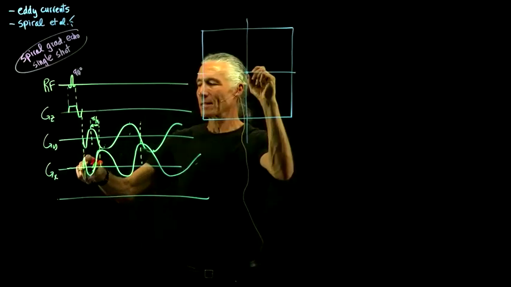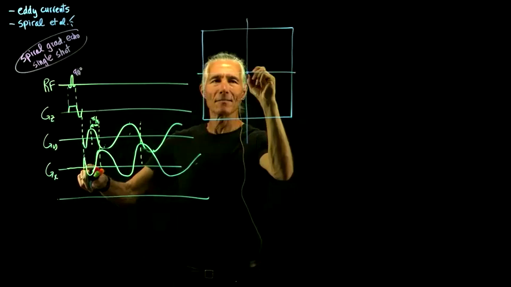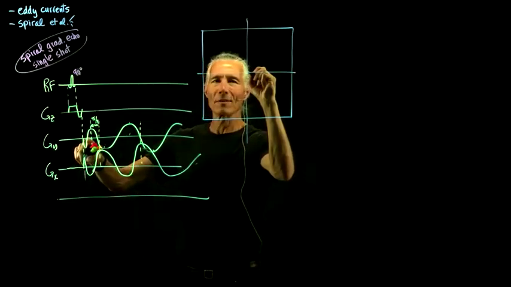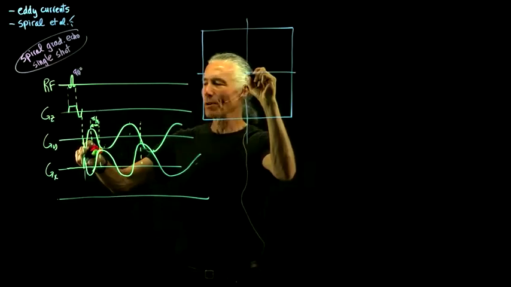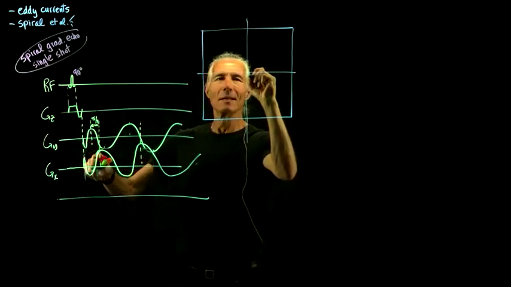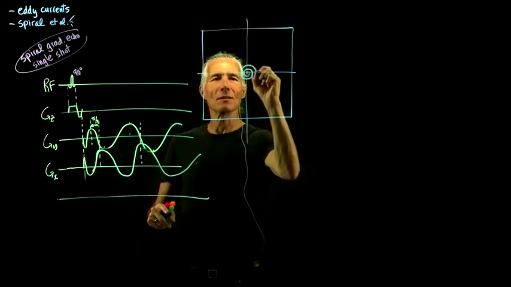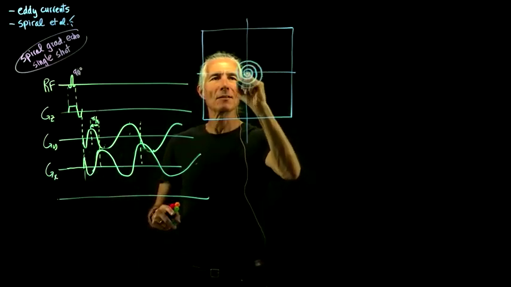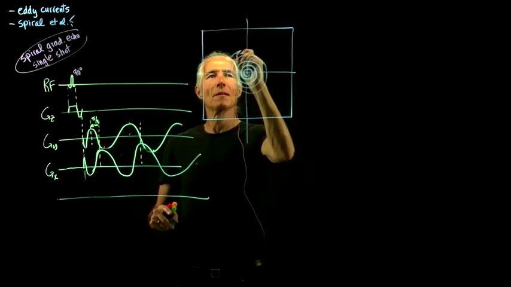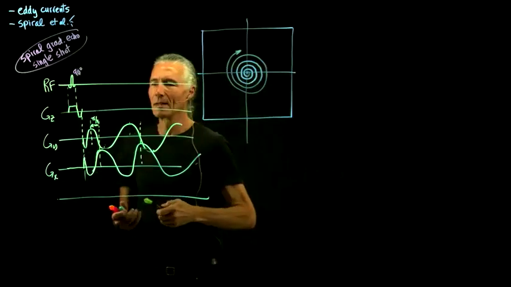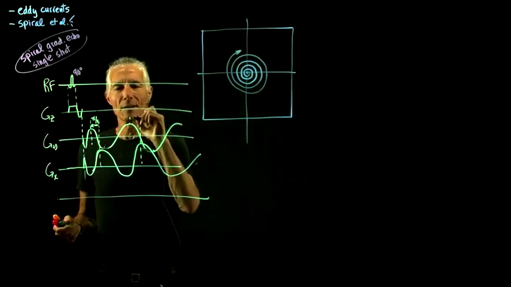On the x gradient we go out toward the right, and on the y gradient we go down, but before long we start going back up again. If you work that out, you'll see that you go around in a circle like that, as long as these are always a quarter cycle offset.